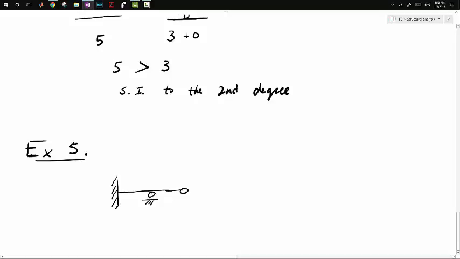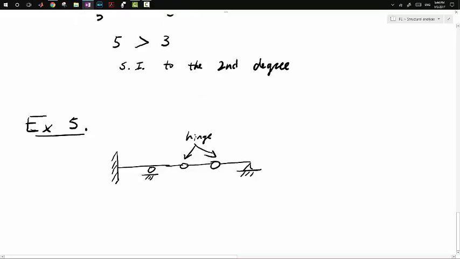So another hinge, and a pin support. So these are hinges. Oop, can't spell. Hinge. Alright, so how many unknown forces do we have, or reactions? Well, we have 3 for this fixed support. 1, 2, 3.